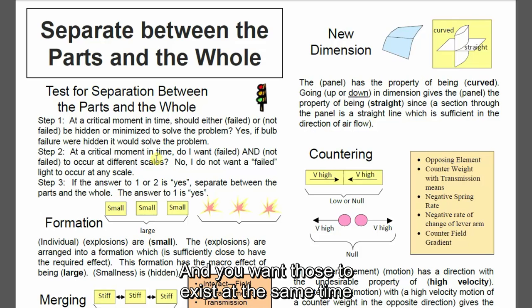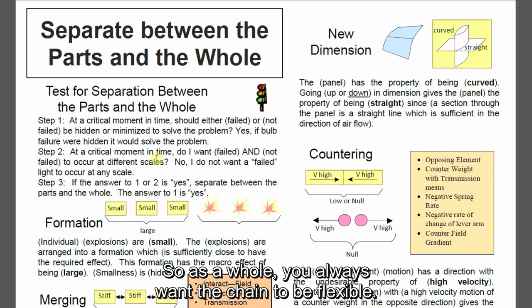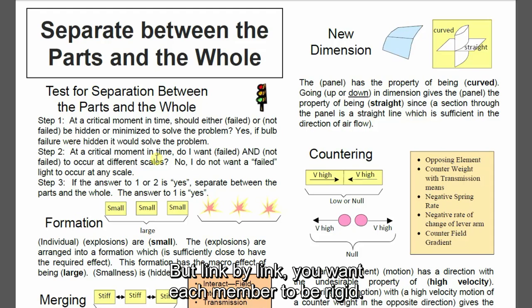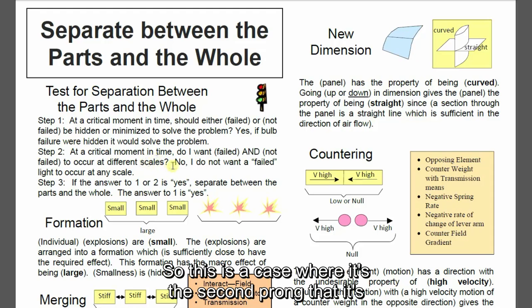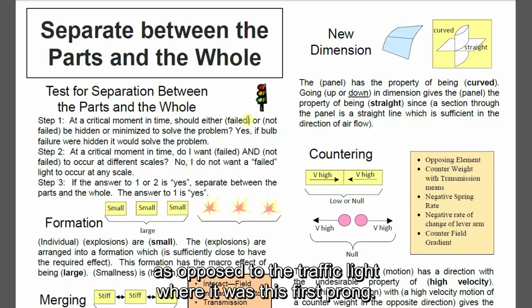And you want those to exist at the same time, but at different scales. So as a whole, you always want the chain to be flexible, but link by link, you want each member to be rigid. So this is a case where it's this second prong that is the reason why we're separating between parts and the whole, as opposed to the traffic light where it was this first prong.